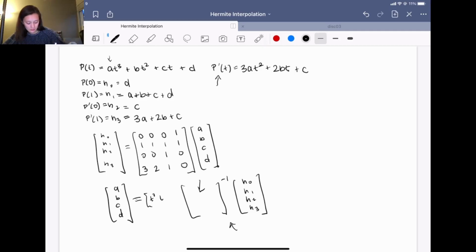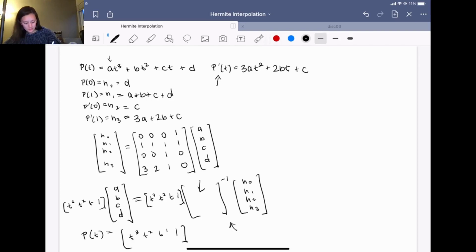So this would be P(t) equals t^3, t^2, t, 1.